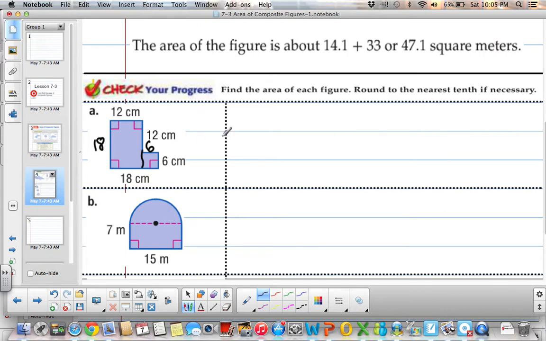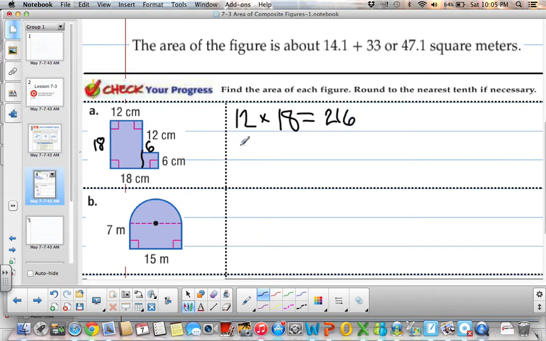So now what we do is we take the area of our rectangle. So we have 12 times 18, and we get 12 times 18 equals 216.